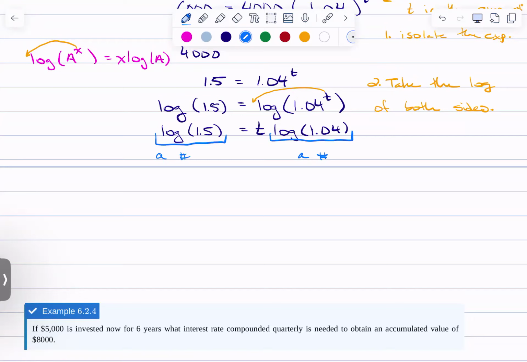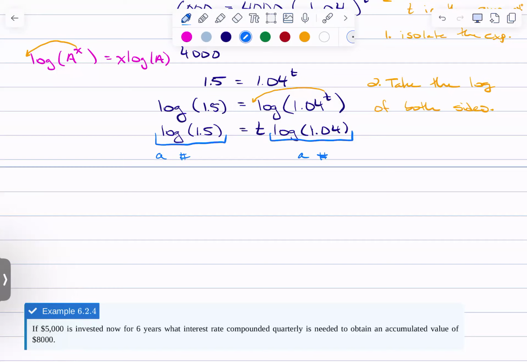So let's take the log of 1.5. On your calculator, depending on the type of calculator you have, you should have a log button. Mine is fancy and it wants what base. Let's use base 10.